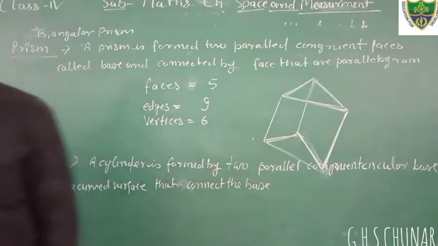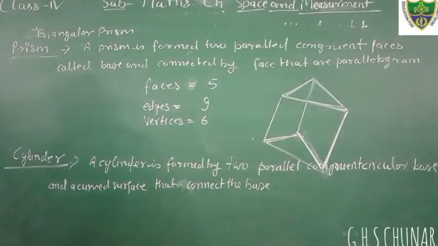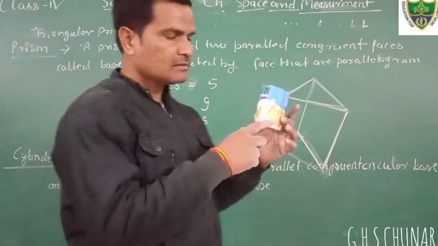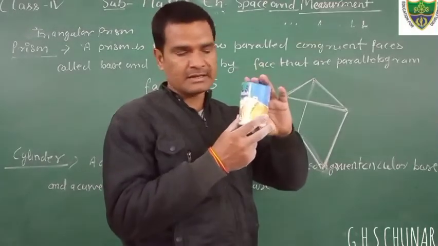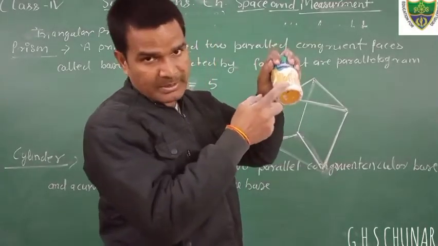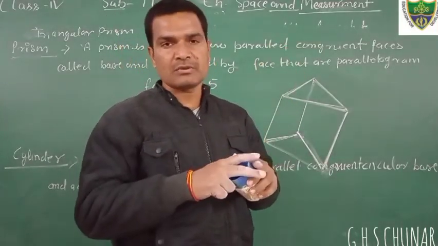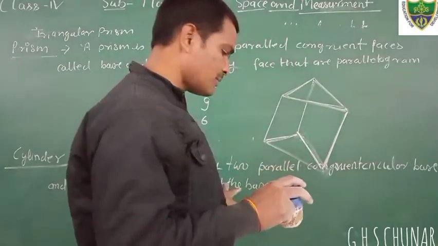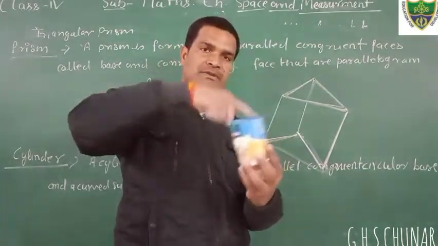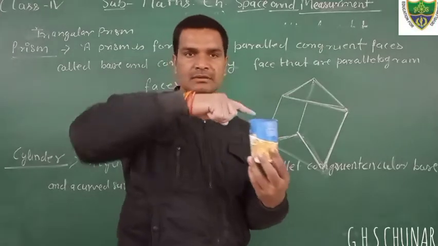Okay, so this is the cylinder, that is the shape of the cylinder. Here one is the circular base and one is the top circular base. That is two circular bases and one curved surface. This is the curved surface.